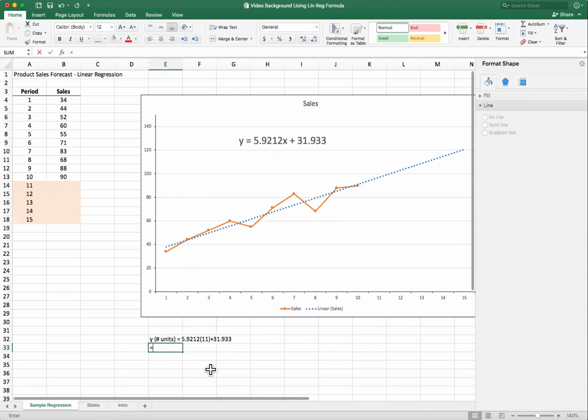So let's solve this. Our prediction in terms of the number of units in period 11 is equal to 5.9212 times 11. And then I'm going to add in 31.933. So before I push enter, all I've done is I've taken this formula and I've plunked in some values here. I just want to know x at 11. So I want to know x in period 11.